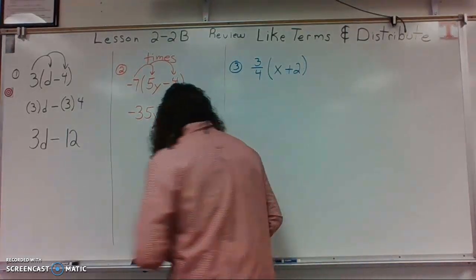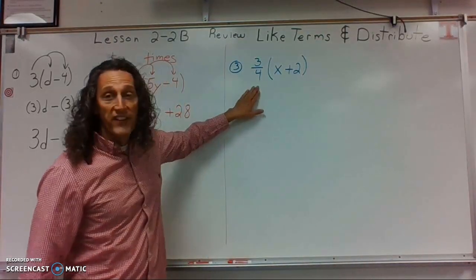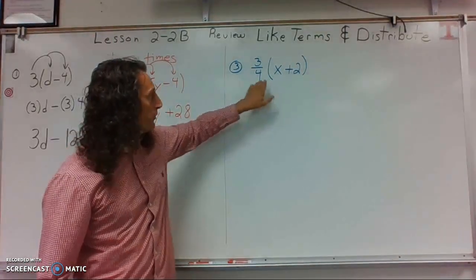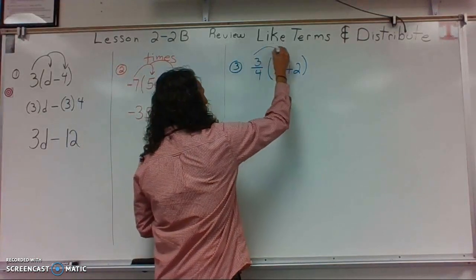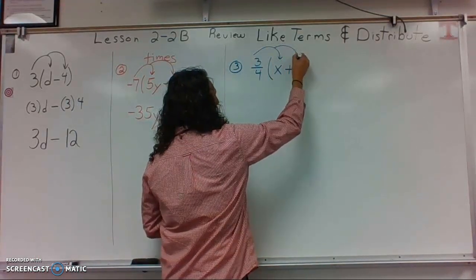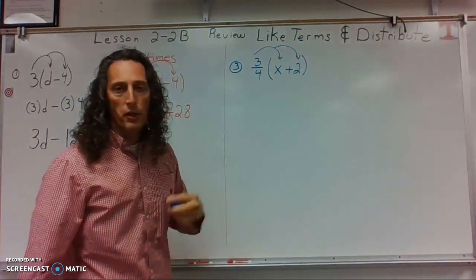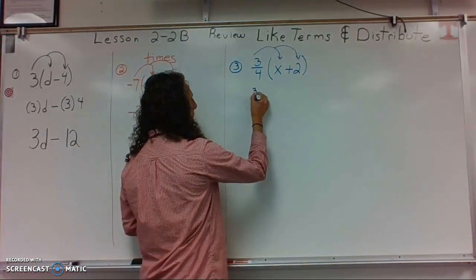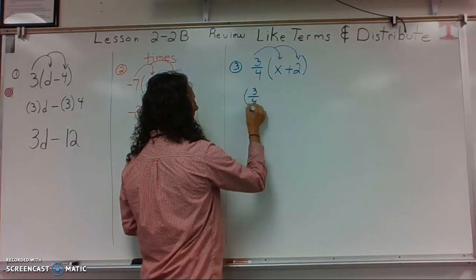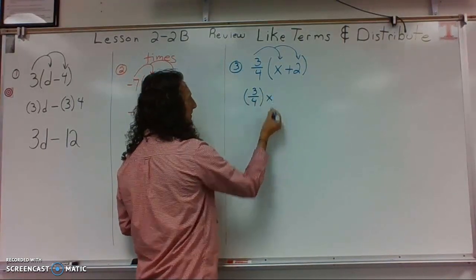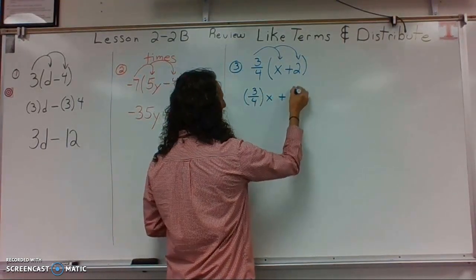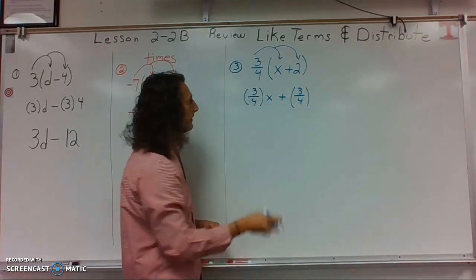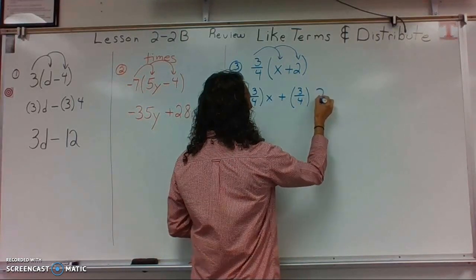Now, the feared fraction. Oh no, right? So the first step is always the same, double rainbow. Right? We're still going to multiply it. This one I'm going to show how it looks. So I'm going to take my 3/4. I'm going to pass it out to the x, put my plus sign, take the other 3/4, that's what you're doing, you're distributing it over to the 2.